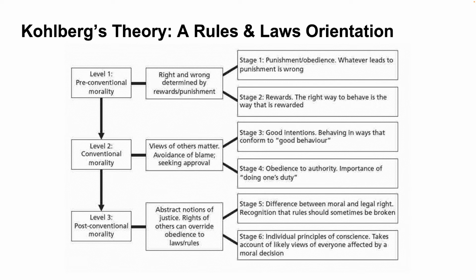For example, well, first of all, I'll go through stage 5 and 6, and then I'll give you an example. Stage 5 is the difference between moral and legal right, which people at that level understand. People who are starting to be adolescents, and certainly young adults, should be able to think this way, that rules should sometimes be broken if the rule is not legitimate.